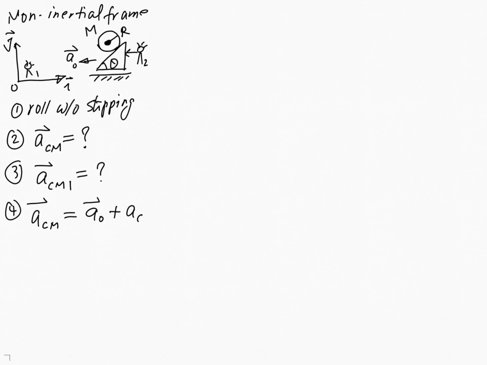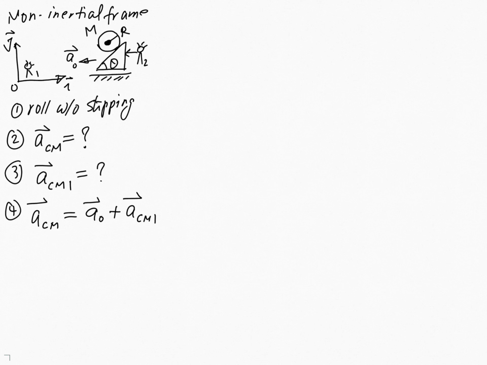Secondly, it is also moving with an acceleration a1 relative to the non-inertial frame, as observed by observer 2. So all we need to find out is what a1 is inside the non-inertial frame.